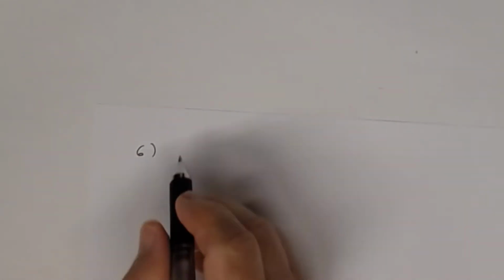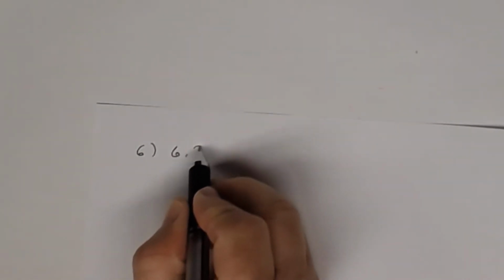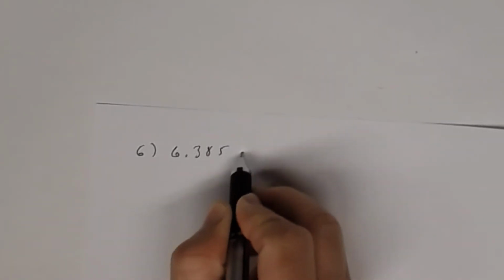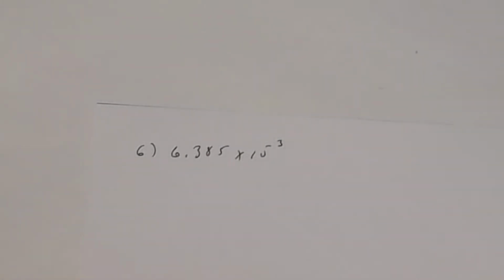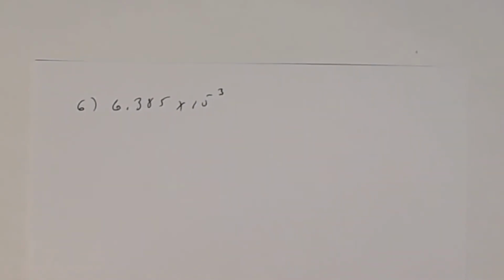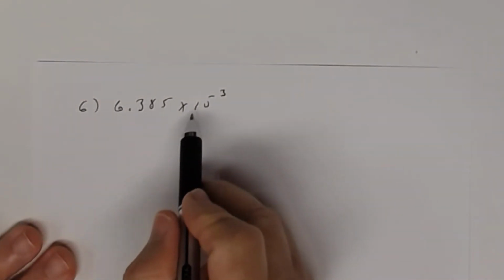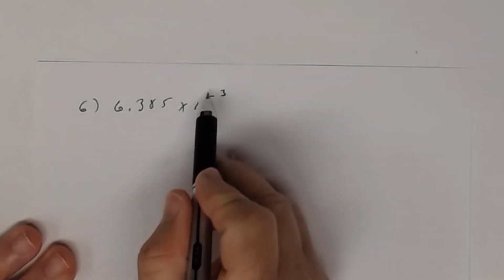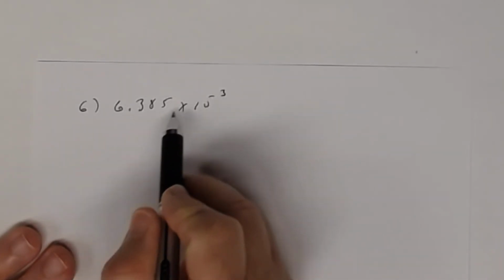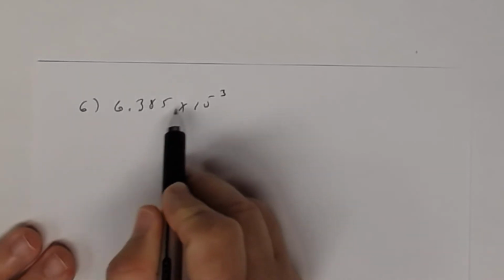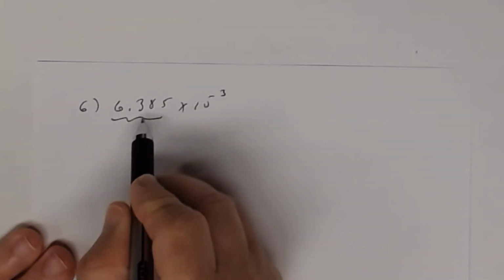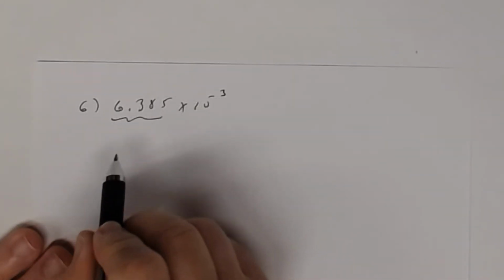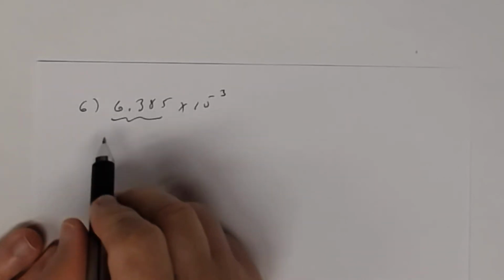So number 6, we have 6.385 times 10 to the negative 3rd. So we have this number in scientific notation, and I want to put it in standard notation. So notice the exponent is negative, so that means that this number has to be less than this coefficient. So I have to move the decimal point to the left.